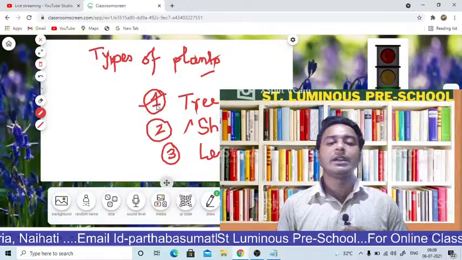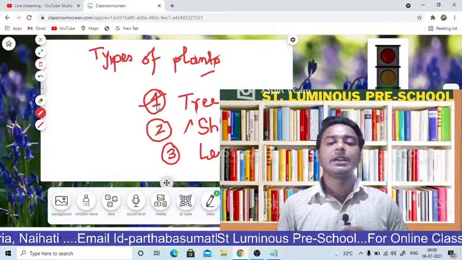And the herbs are the smallest plants. So students, look here, three types of plants are present on the basis of height: this is tree, this is shrubs, this is herbs.